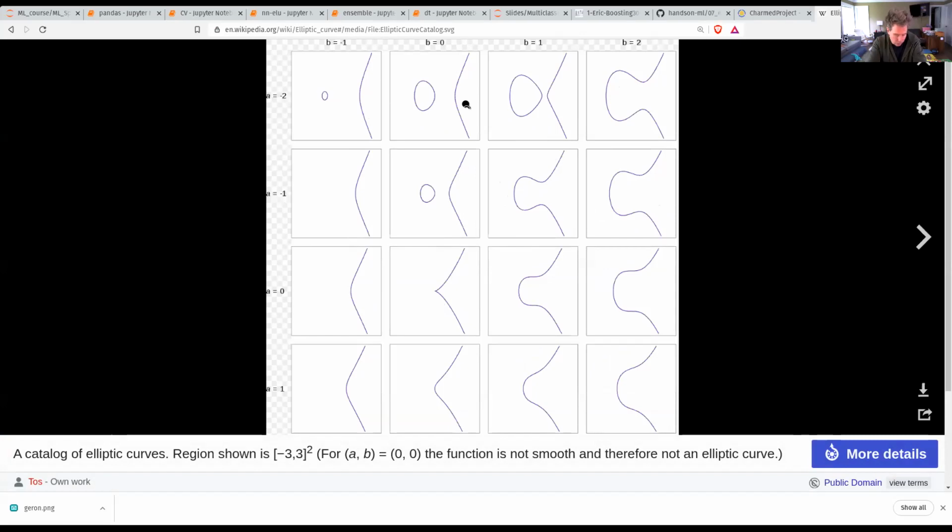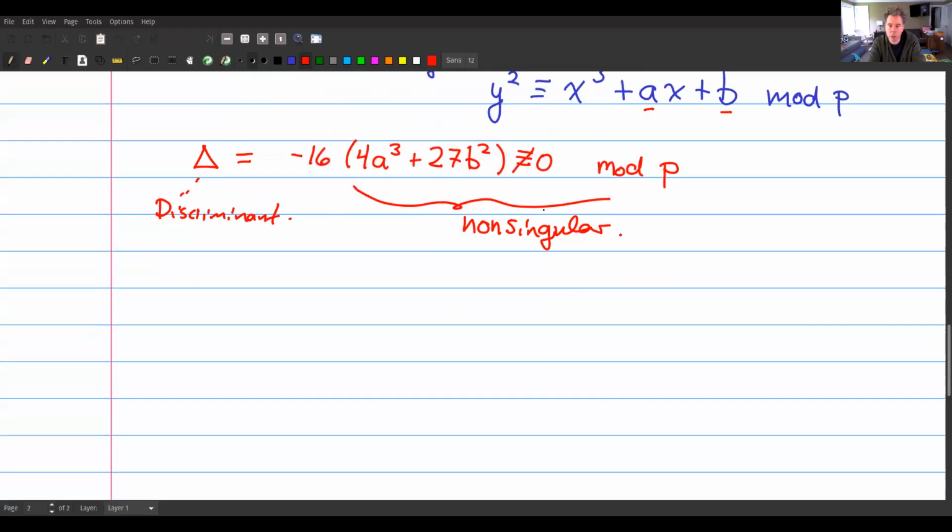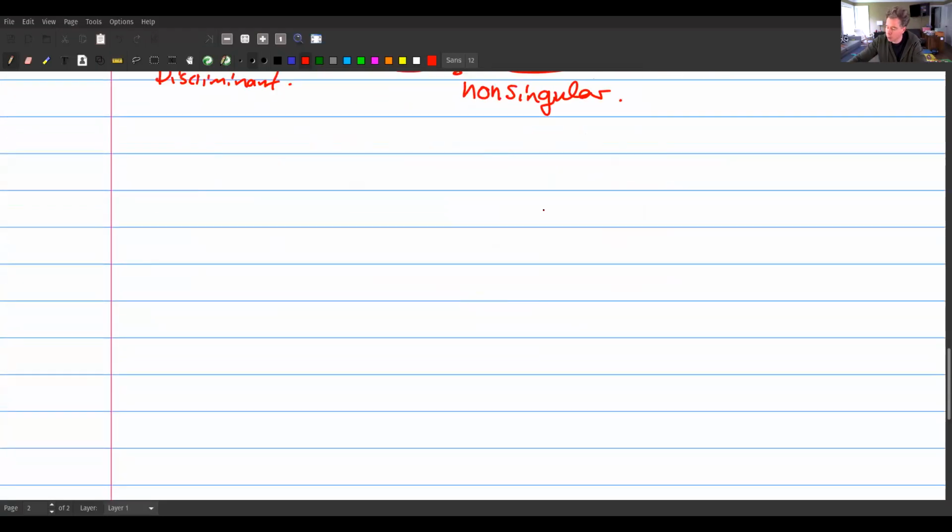All right. So it turns out that when you have a non-singular elliptic curve, you can describe a kind of group on the curve, which is what's going to be for us an elliptic curve group. So now we'll think of the elliptic curve as just being the points on some elliptic curve.